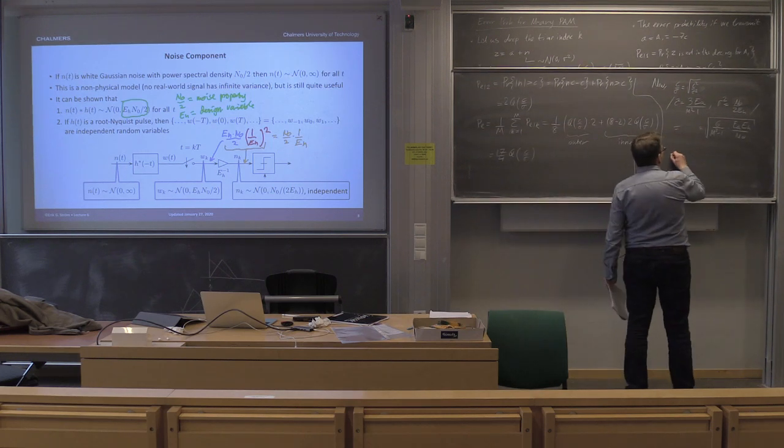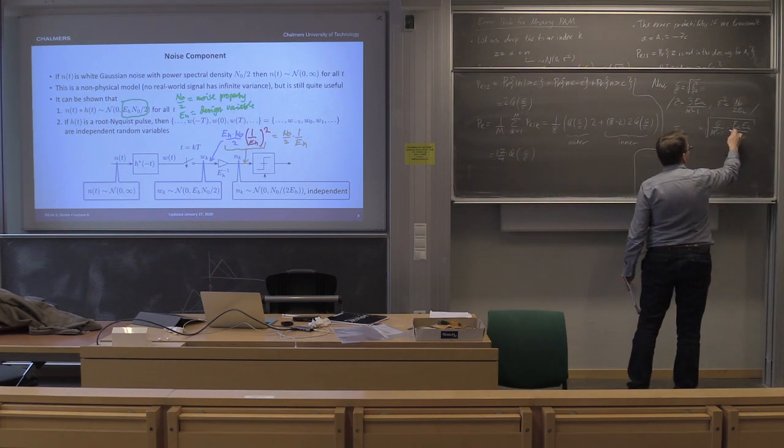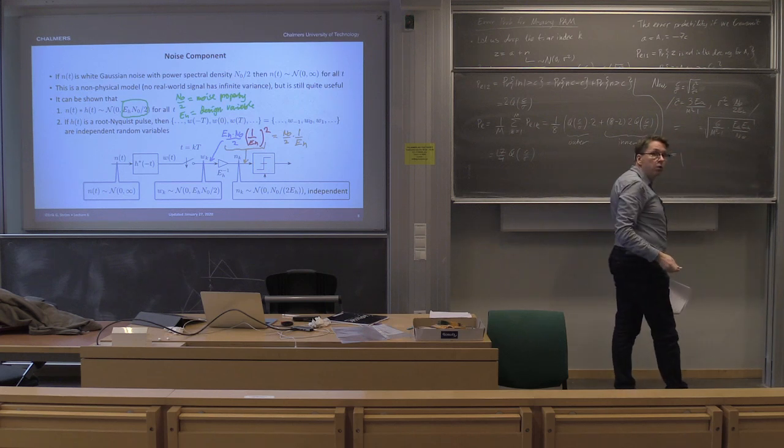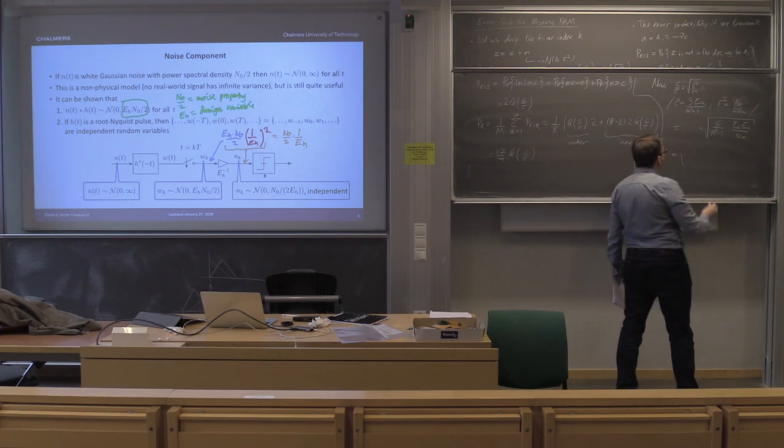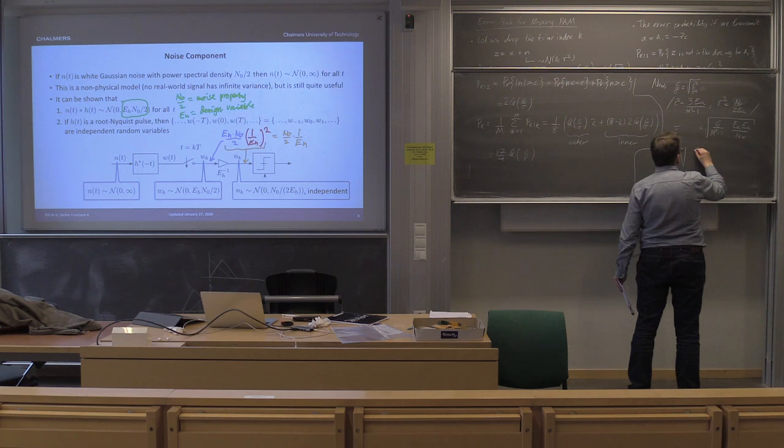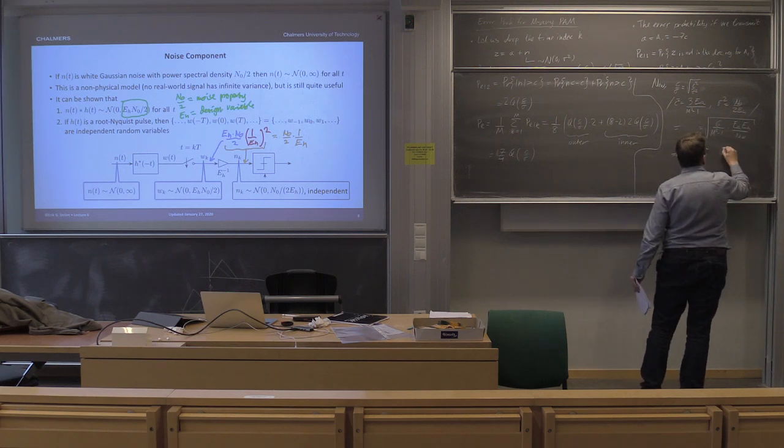And this EA times EH is our symbol energy. So this is the square root of 6 divided by m squared minus 1 times ES over N naught.